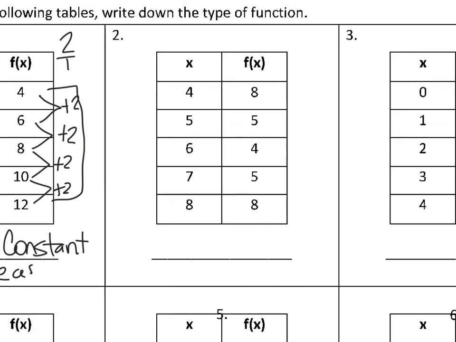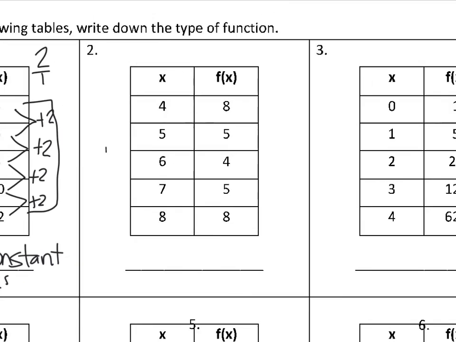So on number 2, we're going up by 1 over here. Here we went down 3, down 1, up 1, up 3. All right, we already got our little pattern here. -3, -1, +1, +3. Okay?